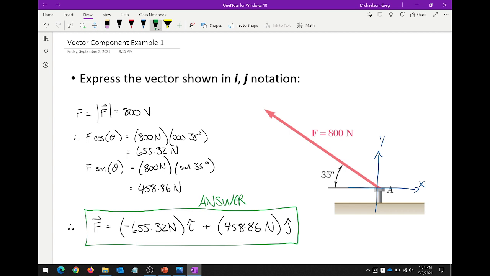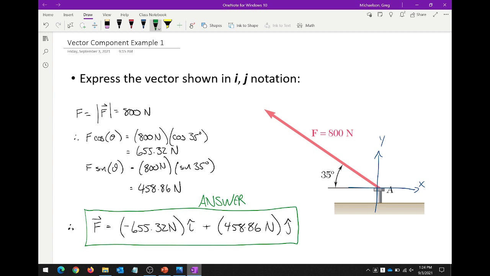Exactly. If I give you a vector in IJ notation and ask for the magnitude, just use the Pythagorean theorem. That comes into benefit when we look at resultants in the next problem. It's going to be so easy to determine the resultant of a bunch of vectors all at one point.